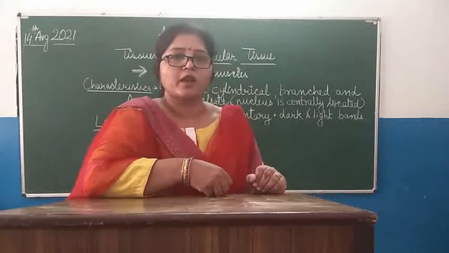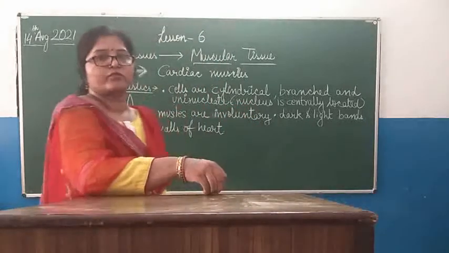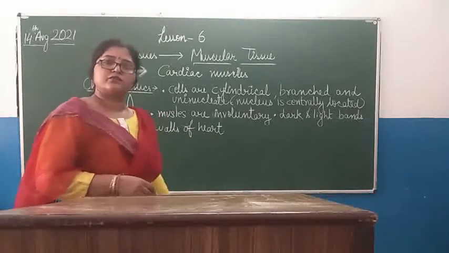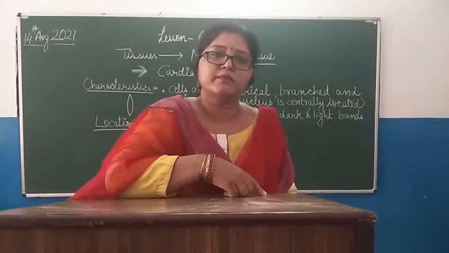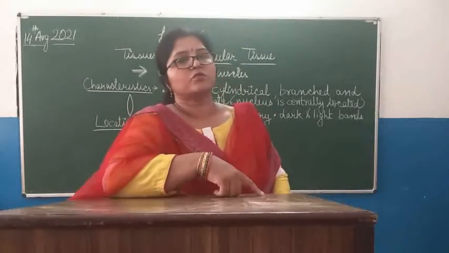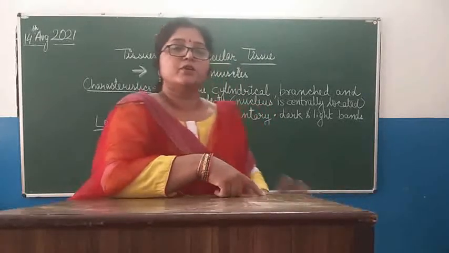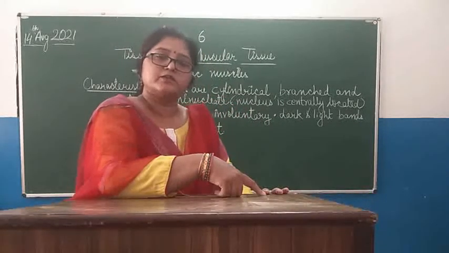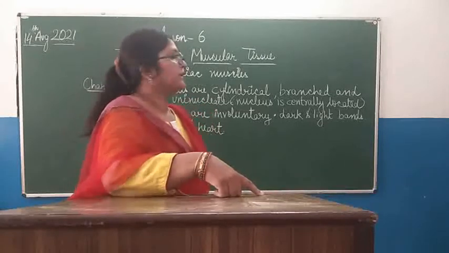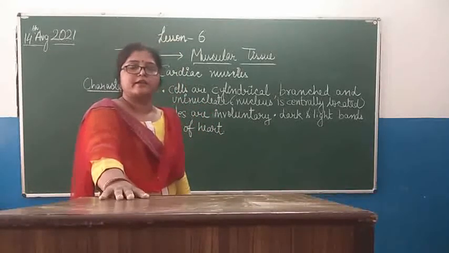So this is all about muscular tissue, where we have discussed three types: striated or voluntary muscular tissue, then secondly non-striated or non-striped or involuntary muscles, and thirdly the cardiac muscles.